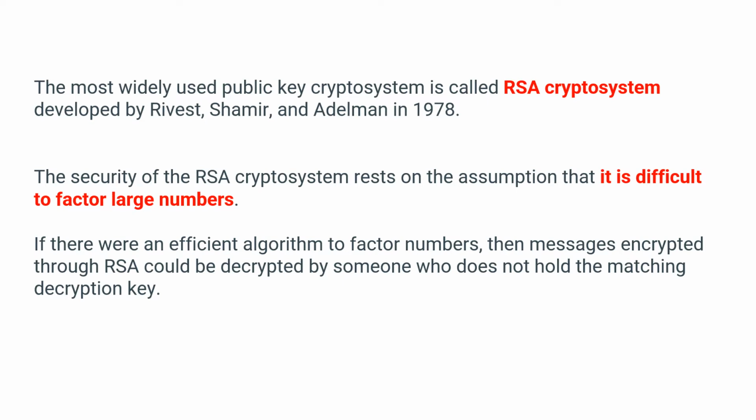But if we're feeding that algorithm huge numbers, then we don't have an algorithm yet. It's not been found that can easily factor large numbers. And so that's what the security of this rests upon.